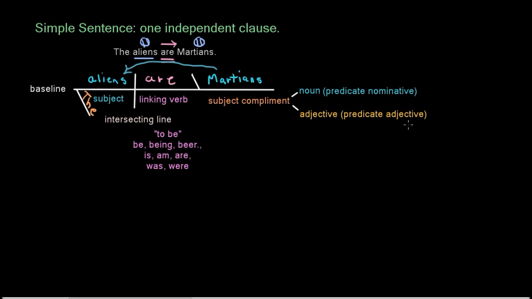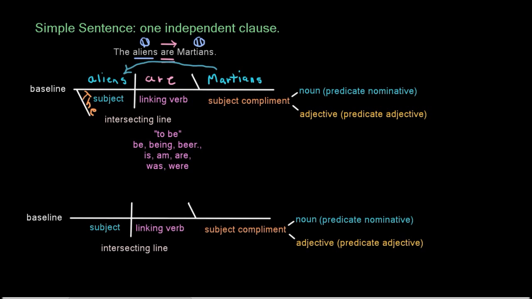Now let's take a look and see how the subject complements work when the subject complement is an adjective. Let's take the sentence, the aliens are silly. So we've interchanged silly, an adjective, for the word Martians. And we'll go ahead and code it here.